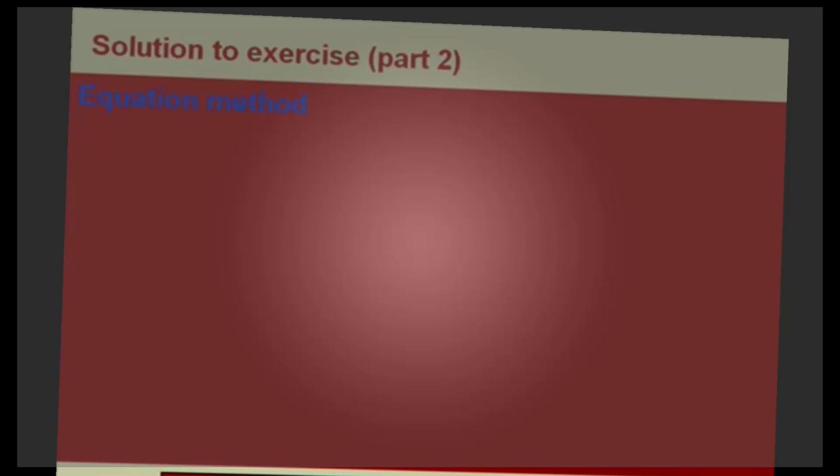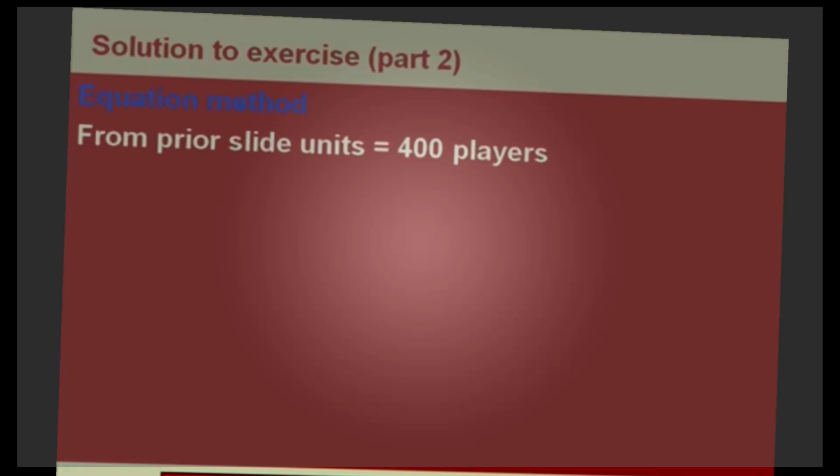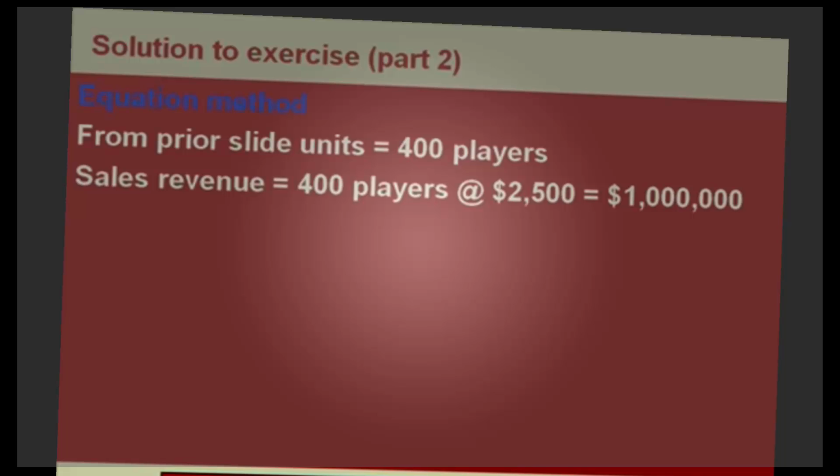Let me use the equation method first. From prior slide, you know that to break even, you got to sell 400 players. The sales revenue, therefore, is, it's $2,500 is the selling price per player.